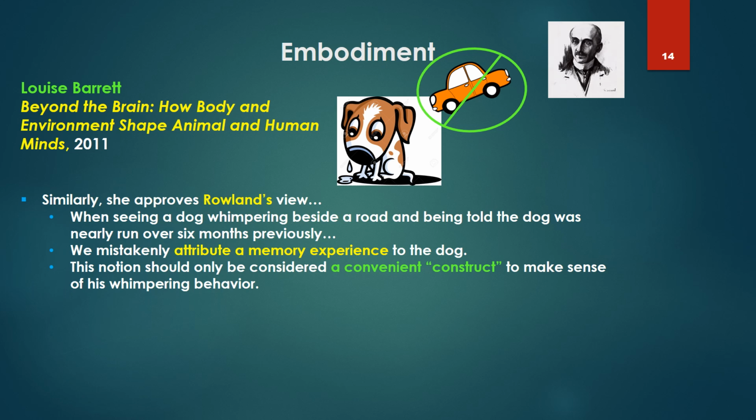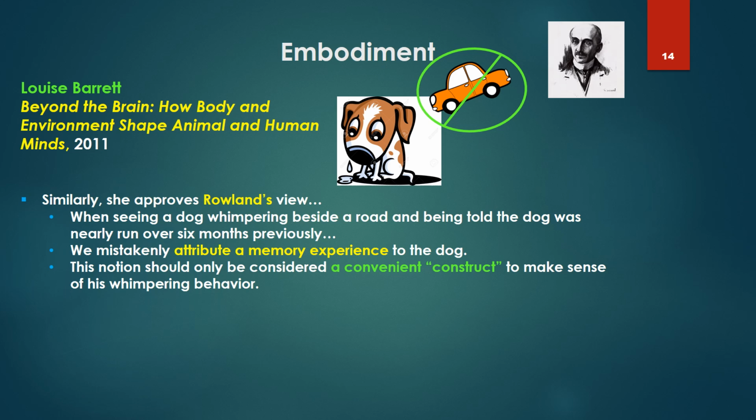He says, when we see a dog whimpering beside a road, and we're told the dog was nearly run over 6 months previously, we mistakenly attribute a memory experience to the dog. This notion should only be considered a convenient construct to make sense of his whimpering behavior.